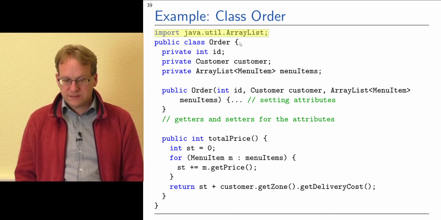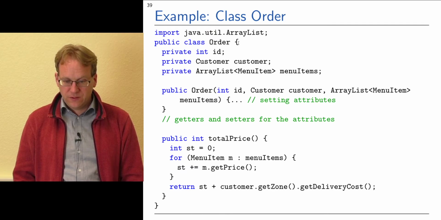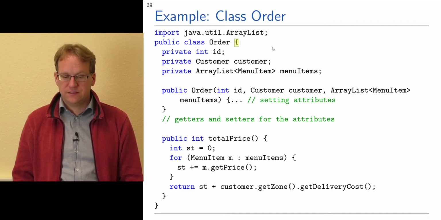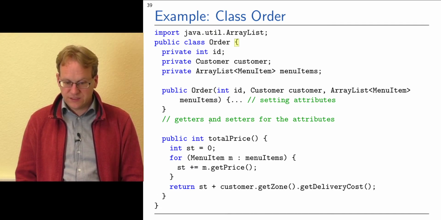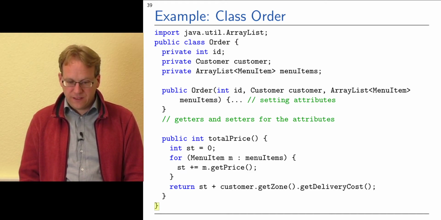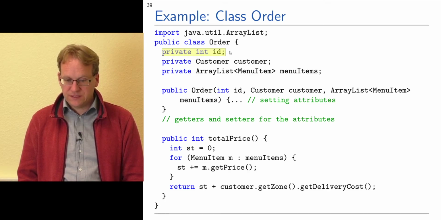So public class order, then curly brackets to indicate this is now the body of our class, starting here and ending here. Again, we have then our attributes, private int ID, private customer customer.